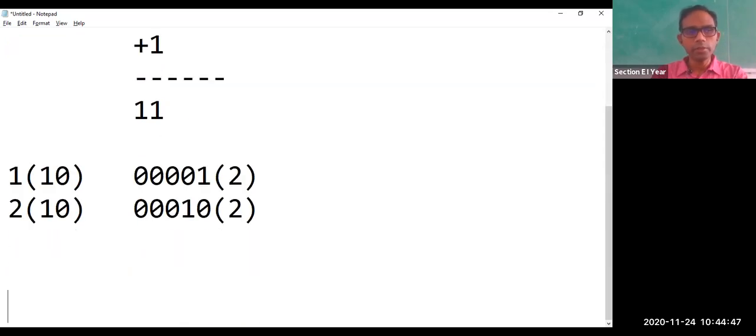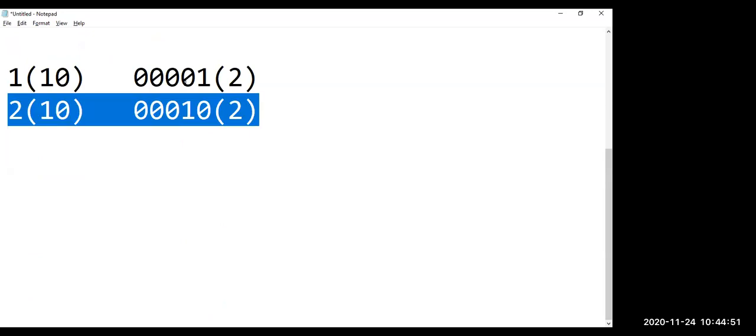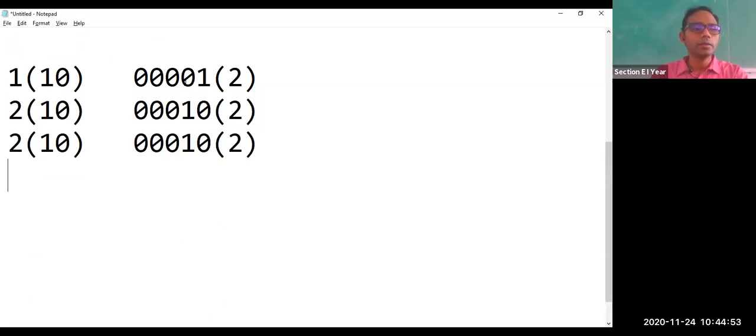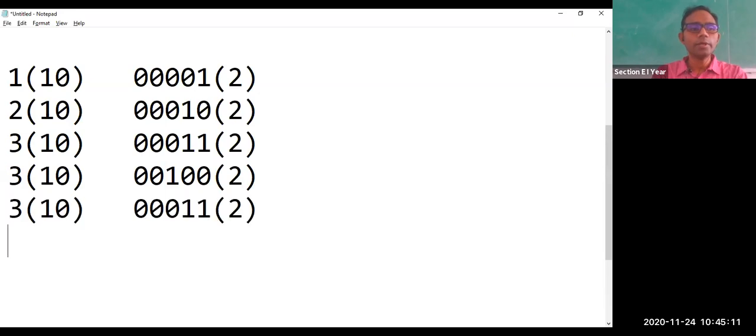So is my screen visible? Yes, sir. Then we have number 3. What is the binary equivalent? 0, 0, 0, 1, 1. Now coming to decimal number 4, the binary equivalent is 1, 0, 0. Can you see the transition of 1 bit? So this is 4, this is 5.